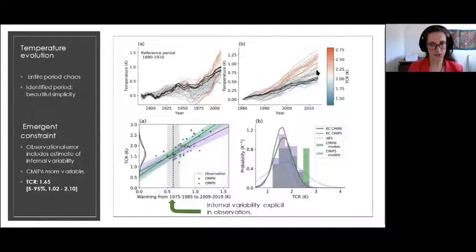To get a formal probability distribution of TCR from comparing models and observations, we use a technique called emergent constraint, which is quite simply using a regression between a thing you've observed from the past and the variable you're interested in, in this case TCR. There are two conditions under which we trust these emergent constraints to tell us something about TCR.